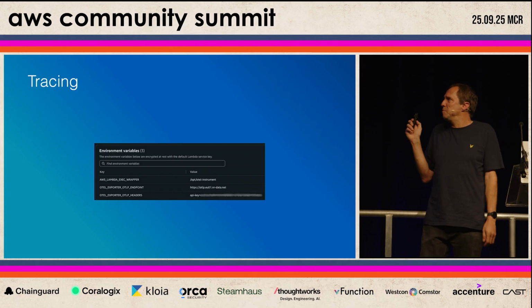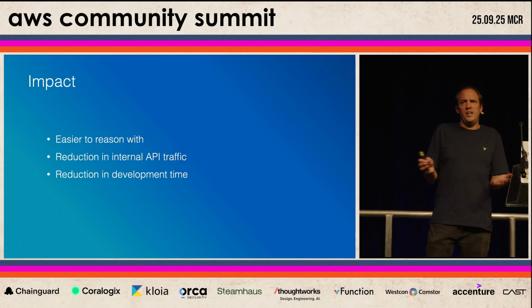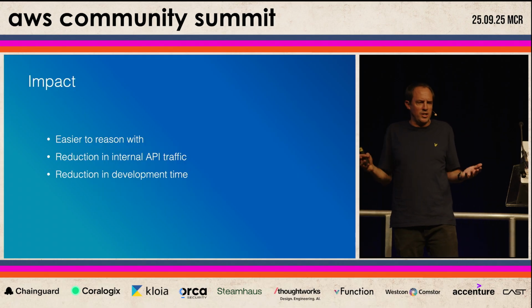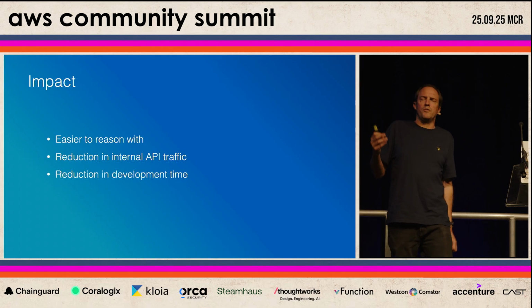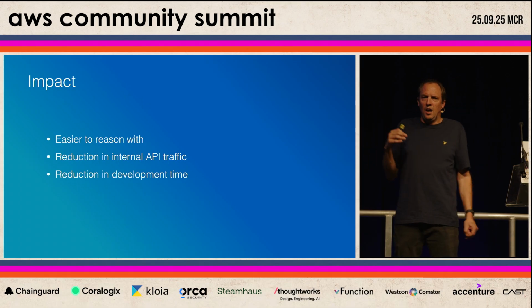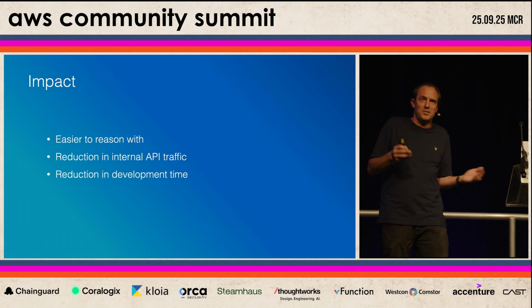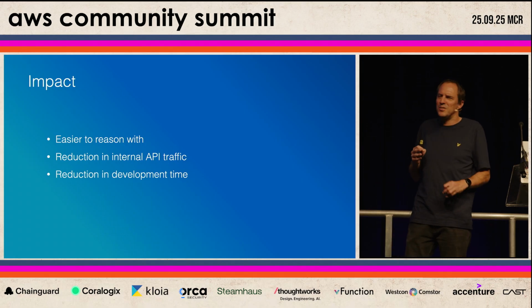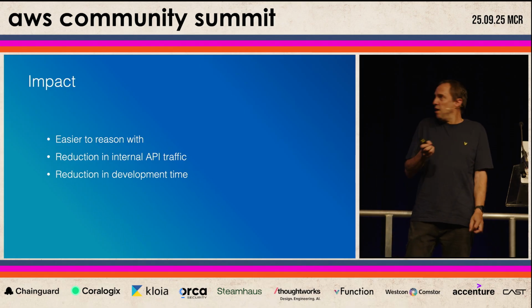Okay, so what impact is some of this having? It is easier to reason with. It's kind of anecdotal, but we've had two or three new engineers on our team, and they found it very, very easy to work with. I started 2.5 years ago, and I didn't find it that easy to work with, so I'm going to assume that it is easy to reason with. We are reducing the internal traffic.